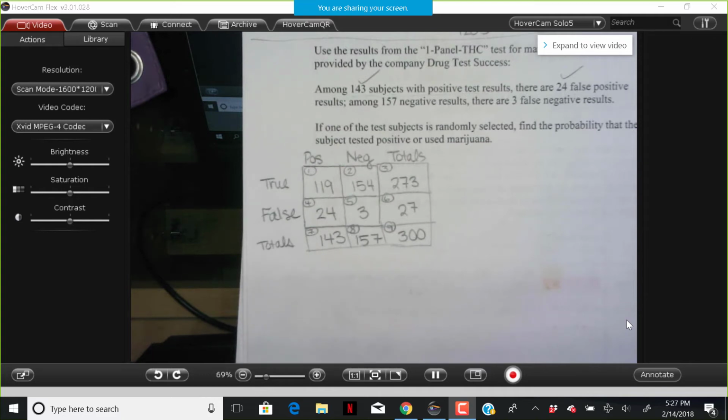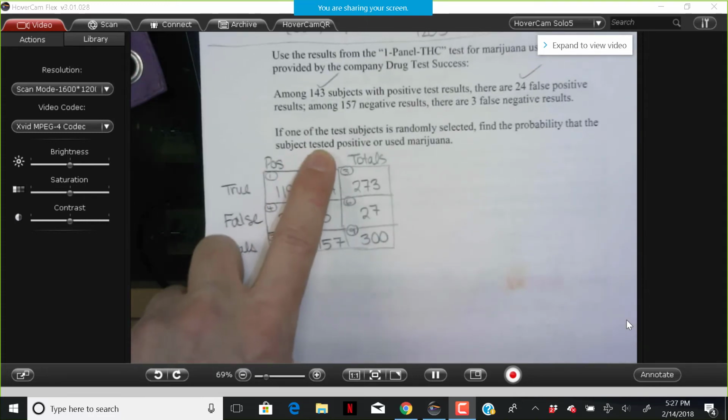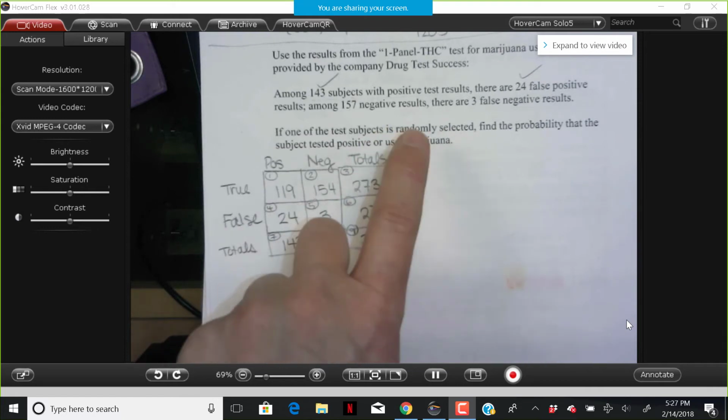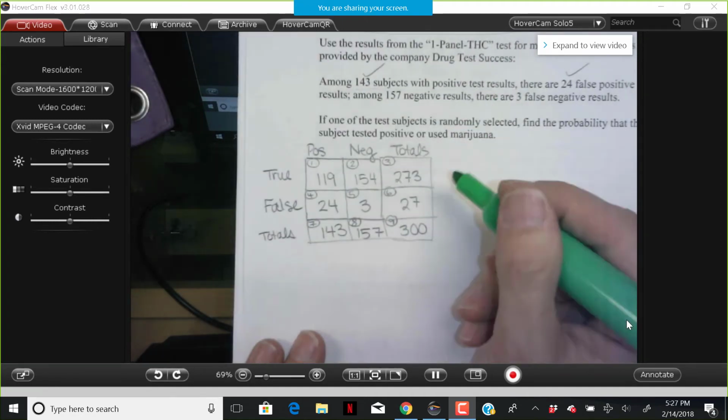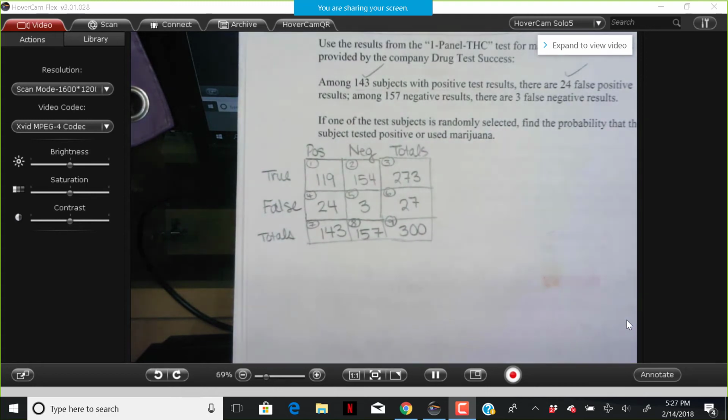So it says if one of the test subjects is randomly selected, find the probability that the subject tested positive or used marijuana. Okay, so first of all, when I say tested positive, that's pretty easy.